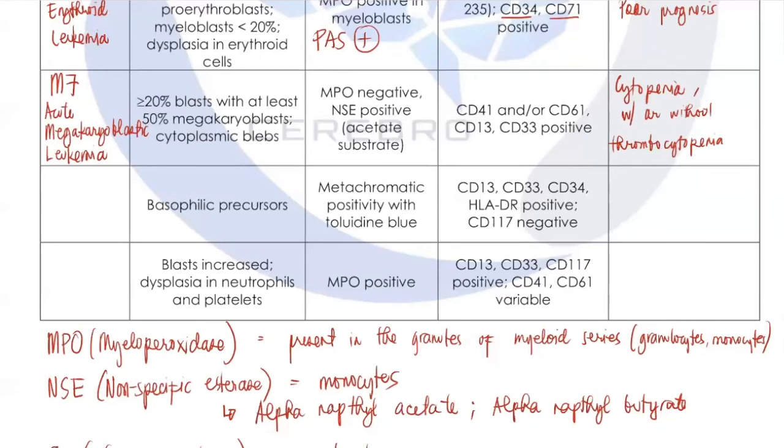And we have the type of leukemia that is only affecting the basophilic precursors. We have acute basophilic leukemia. So this is a very rare condition, approximately nasa less than 10% lang siya of all acute myeloid leukemias.